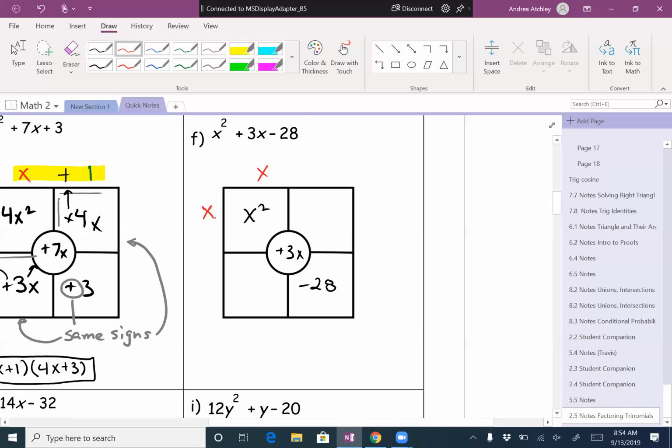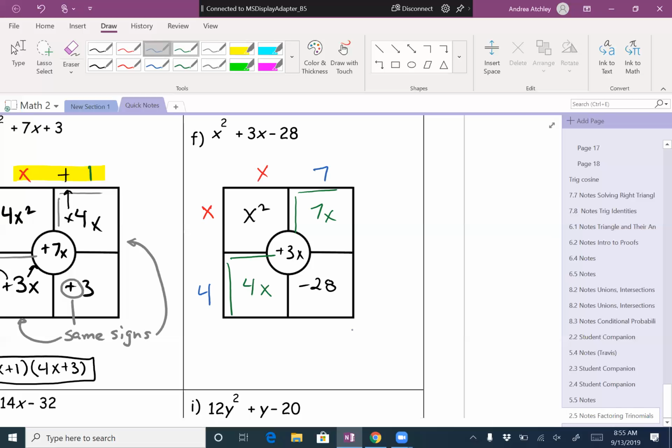Jaden, what multiplies to 28? Times. Okay, then we're going to check our work. 7 times x is 7x. X times 4 is 4x.